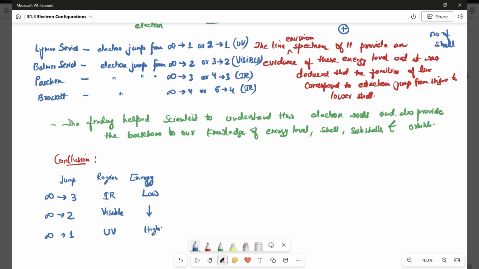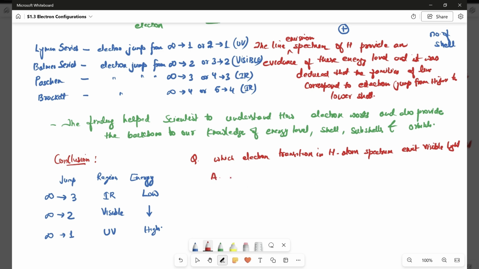So one multiple choice question you can expect from here. Before going to the next topic, let's have one question. Which electron transition in the hydrogen atom spectrum emits visible light?